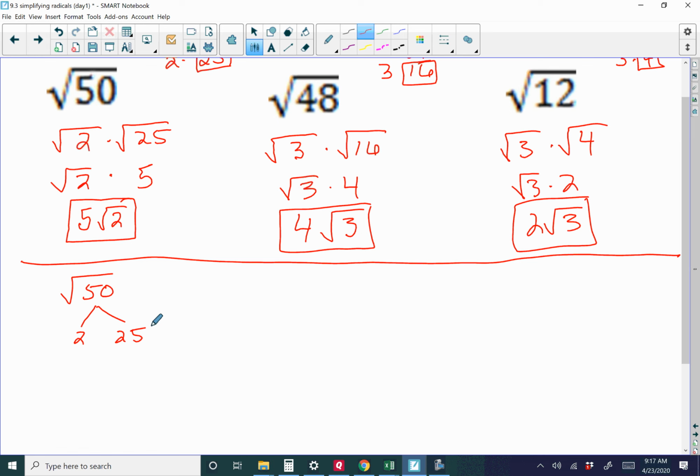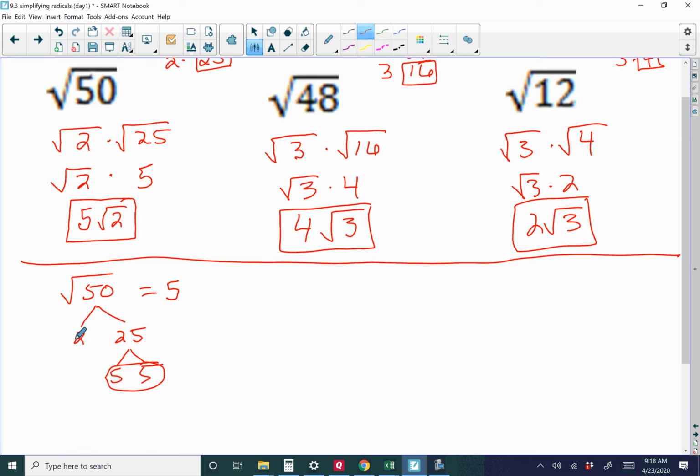Okay? And then 2 can't be broken down any further, but 25 can, so we're going to rewrite that as 5 times 5. Okay? Now, in order to come up with the answer square root of 50, we look for pairs of numbers. So I circle any pairs of numbers, and when I have a pair, I can write one of those numbers in the answer without a square root symbol.